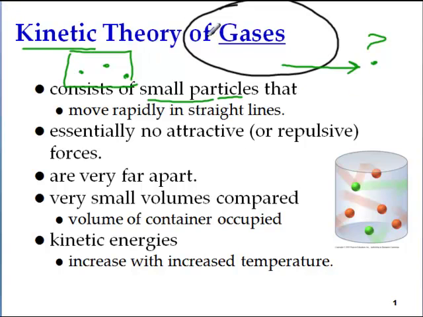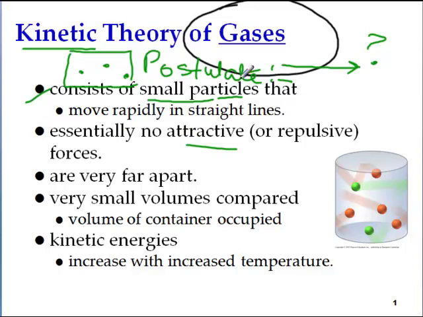These are the postulates that we are reading about the kinetic theory of gases, and at the end I will ask you to tell me which ones seem to be incorrect. So that's the first one we did. The second one is that there are no attractive or repulsive forces.